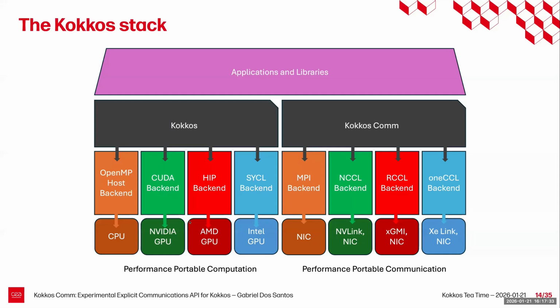And Kokkos Comm is here to provide performance portable communications and is able to target vendor specific interconnects or networking hardware. On the Kokkos side, you have OpenMP, CUDA, HIP, SYCL, etc. And for Kokkos Comm, you have MPI, NCCL, RCCL, oneCCL backends that are able to target the various vendors.